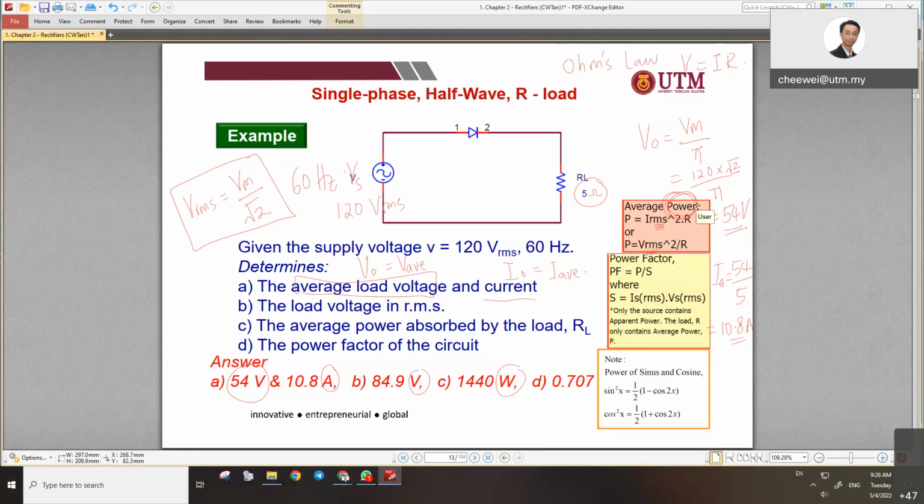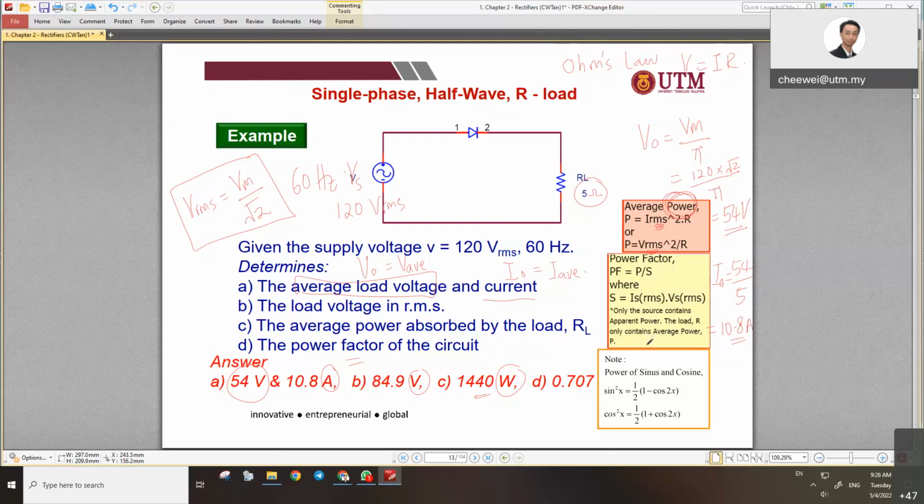Take the RMS if you are dealing with AC, because the input is AC, right? So the RMS value is very important here. To calculate the power, you take the I or the V RMS. If you take the I, it becomes I squared R. If you take the V, it becomes V squared over R. Then you can calculate the power. The answer is given here. You can try. And what about power factor? Power factor equals, if you still remember, P over S. What is the name of S?